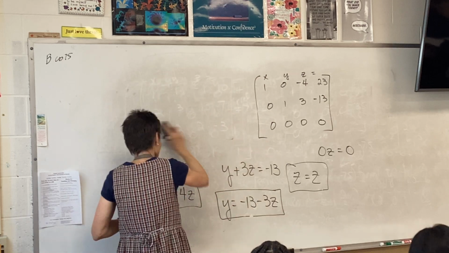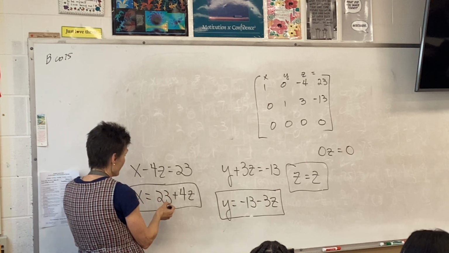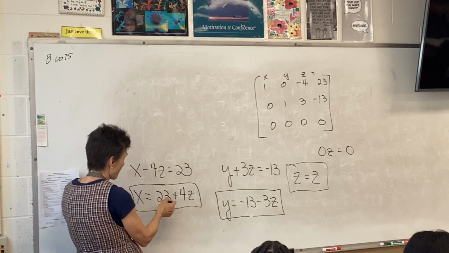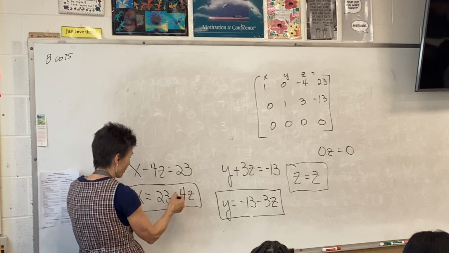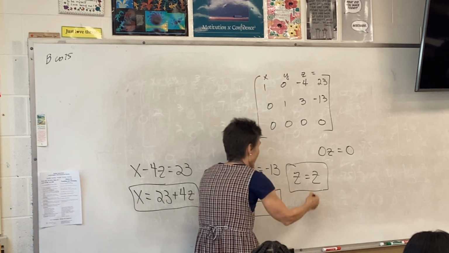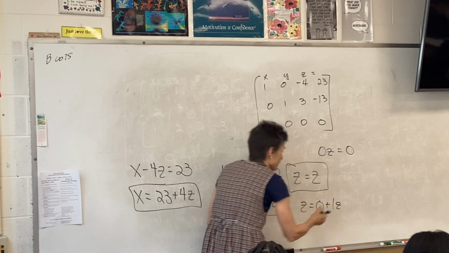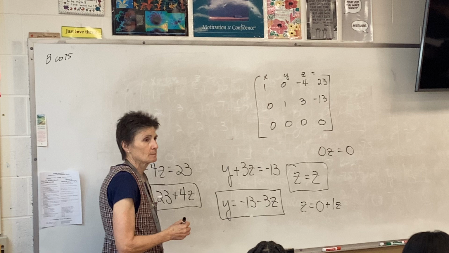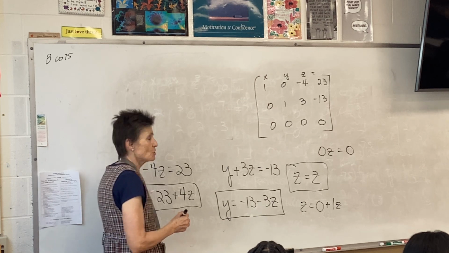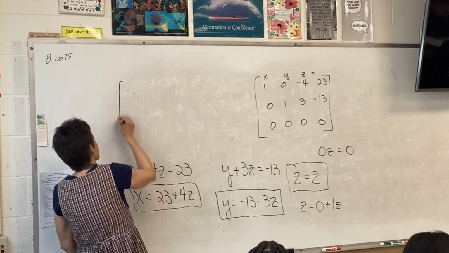Well, it's pretty easy. Notice that each answer has a number and a z part. Even this one, its number is 0 and its z part is 1z. So when we write our answer, we write it like this.